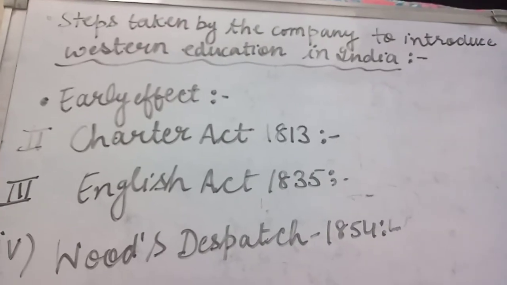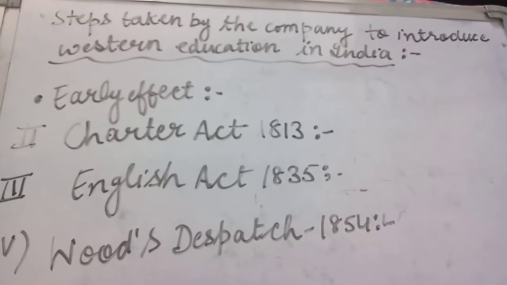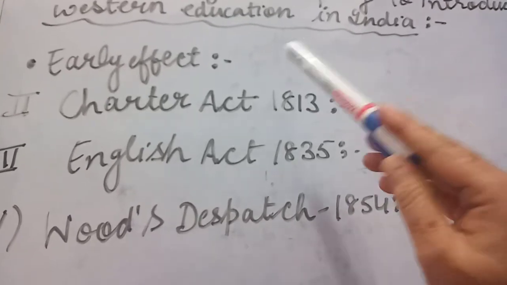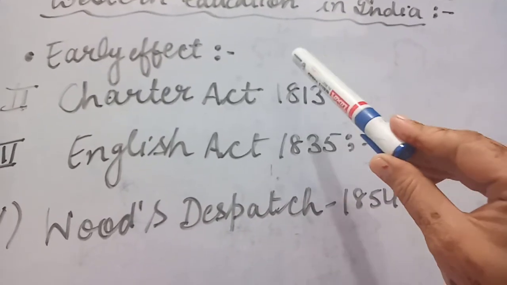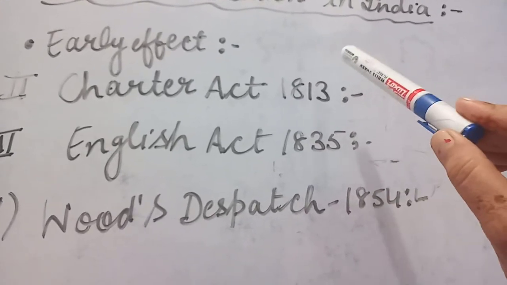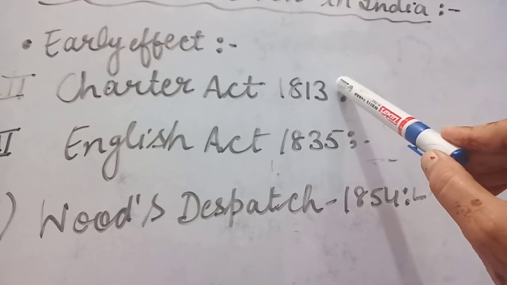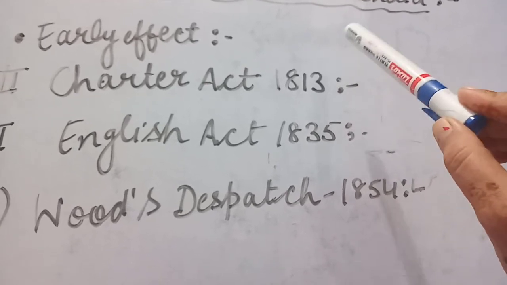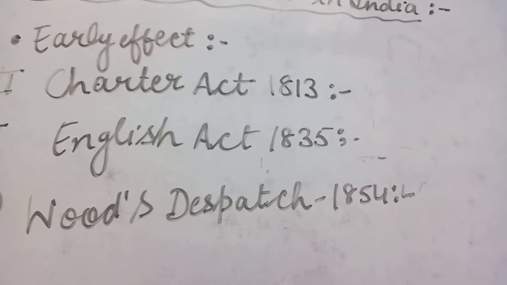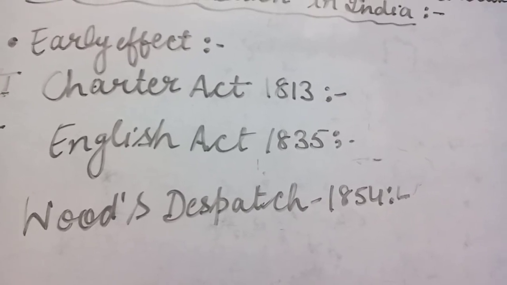So these are the steps taken by the company to introduce Western education in India. Why were they needed? Because their motive was to earn profit and not to spend money in that period.